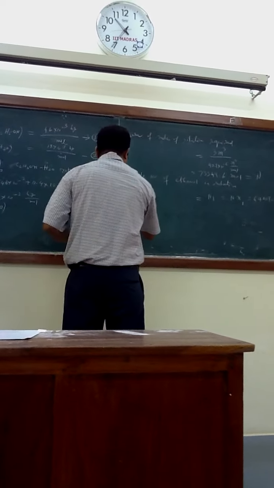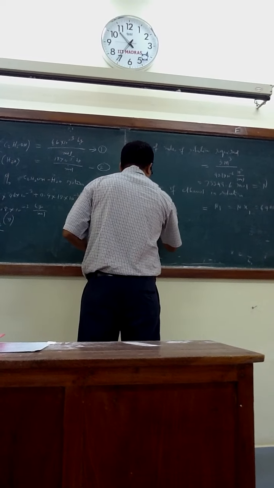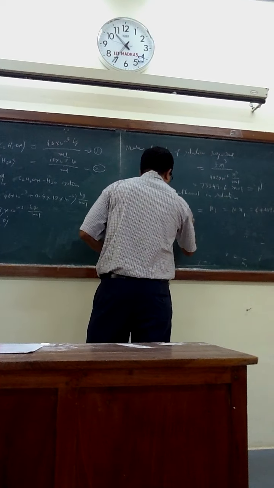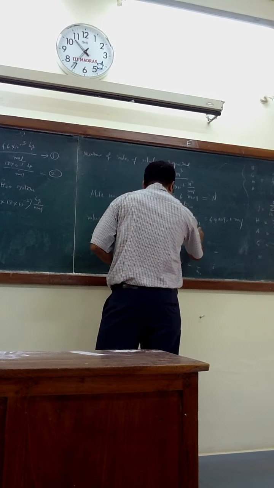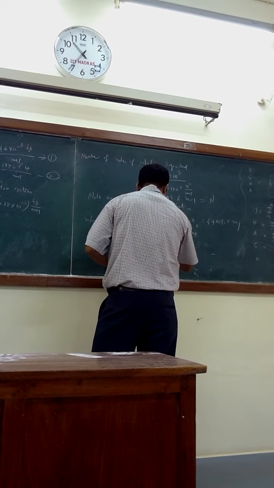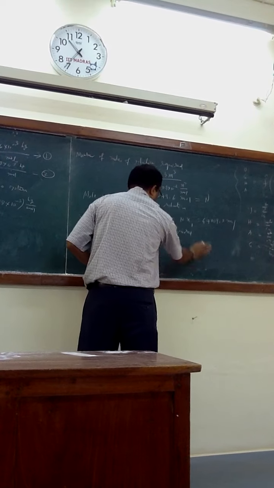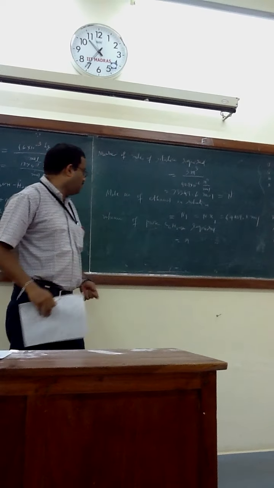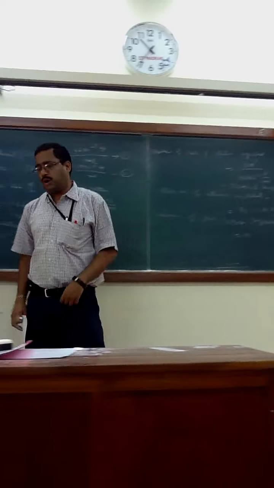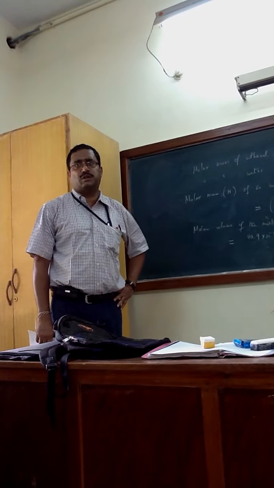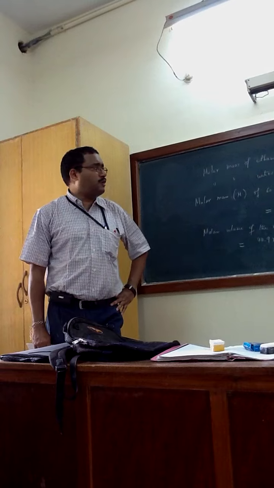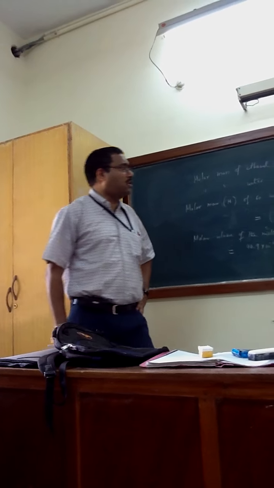Volume of pure ethanol, C2H5OH, required, which is N1. Tell me, what is the formula? You have to have 3 meter cube of the solution, 60% basis.